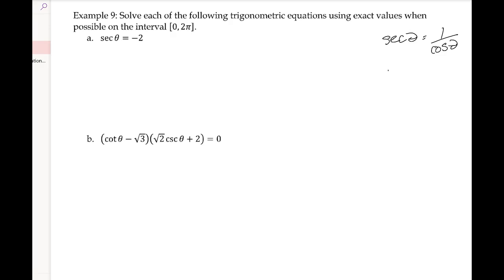And when we talk about cosecant theta, we're talking about 1 over sine theta. And finally, when we talk about cotangent theta, I find this is the easiest one, we're talking about the inverse of tan.